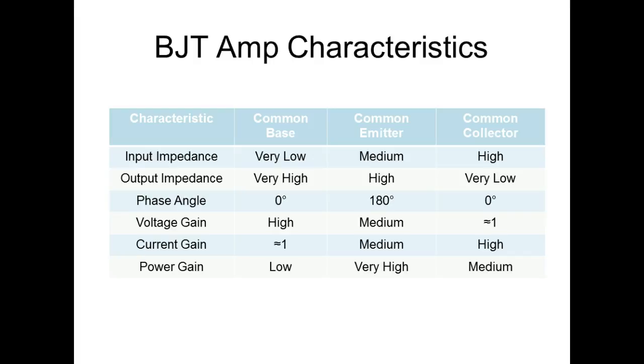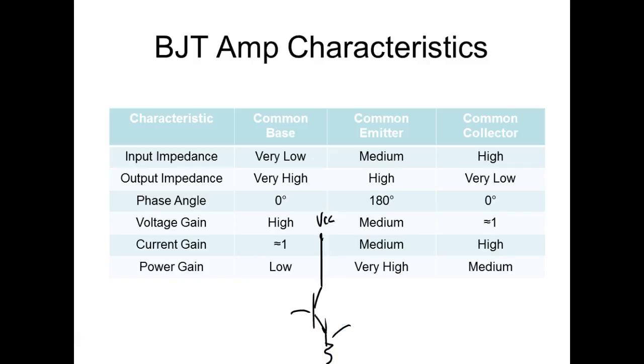So on a common base, what do we mean by common? Common base, common emitter, common collector. What's common? Are we talking about the DC or are we talking about the AC? Well, if we were talking about the DC, folks, how could I bring my input in on the base, connect the collector directly to VCC, take my output off the emitter and call this a common collector?